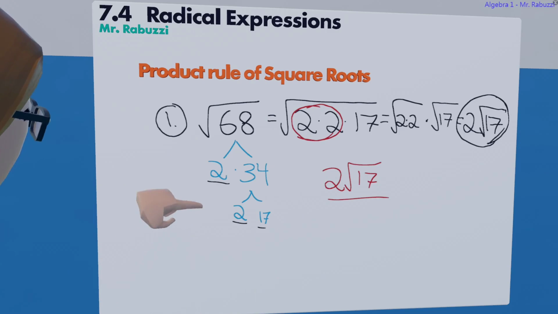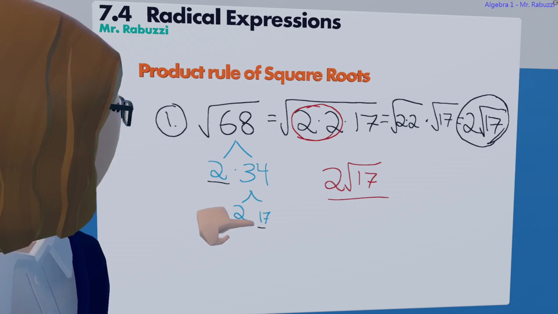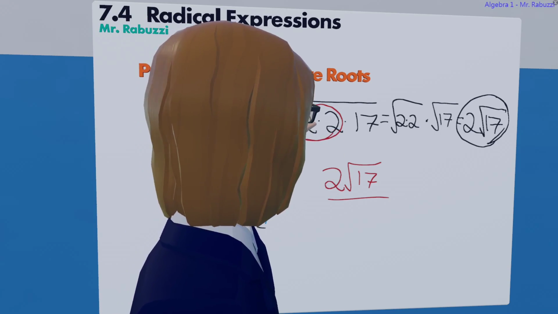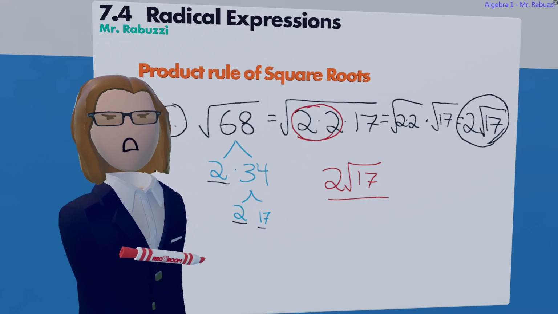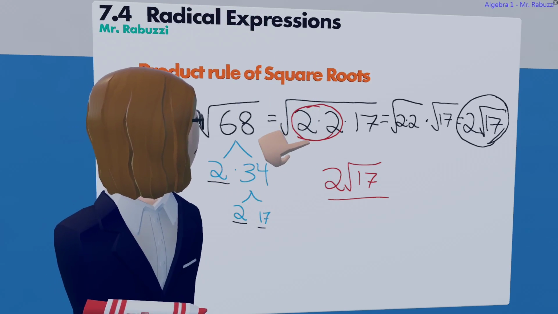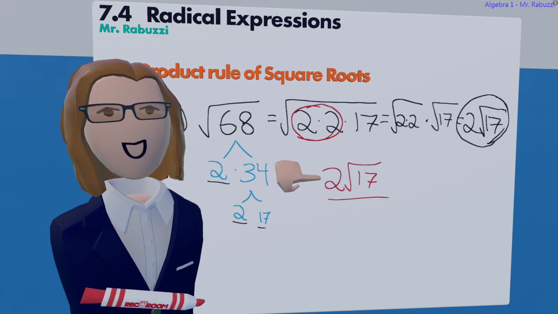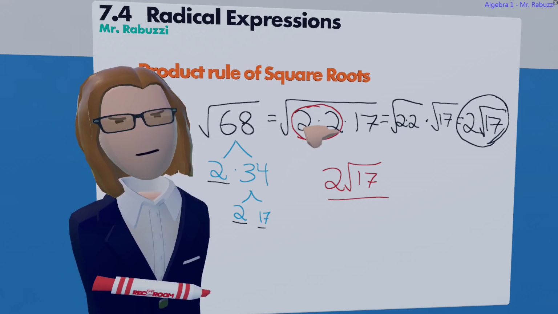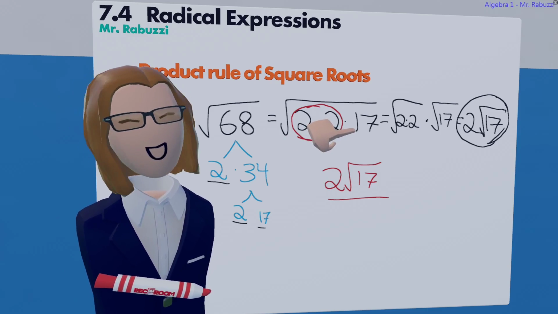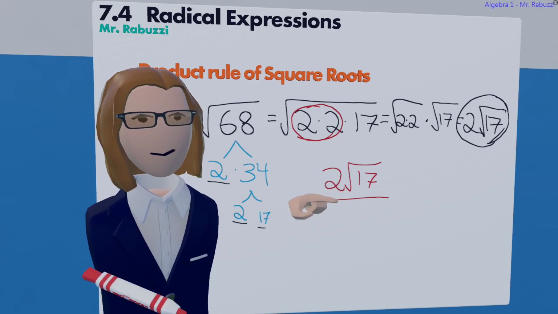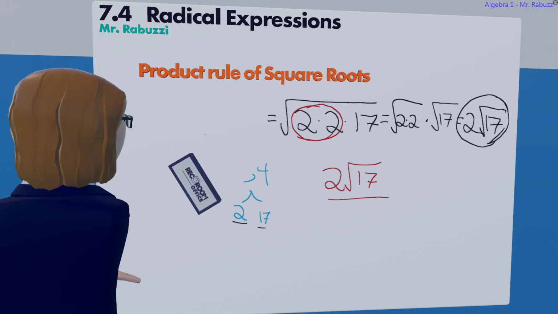All we did was we did the prime factoring, and we found out we had two of the same number, which means one of them gets to escape. Two of them under the radical, one of them gets to escape. And then this square root 17 over here, it's not a perfect square, so it will have to stay inside the radical. Bummer.